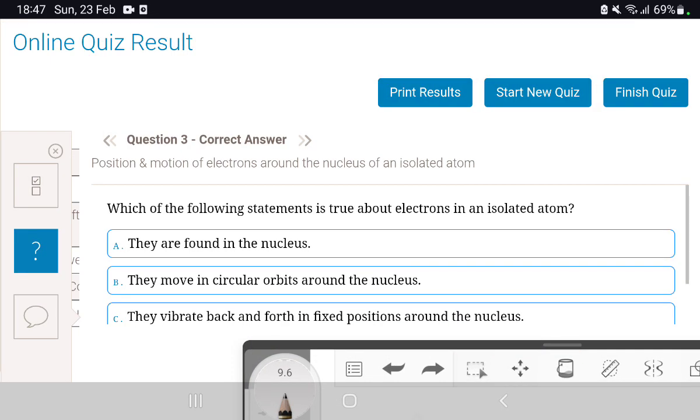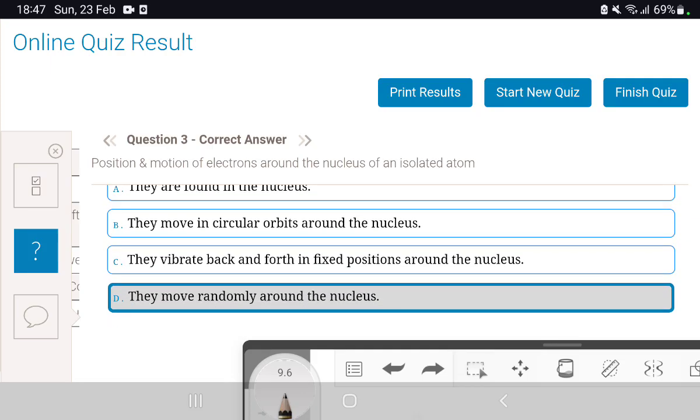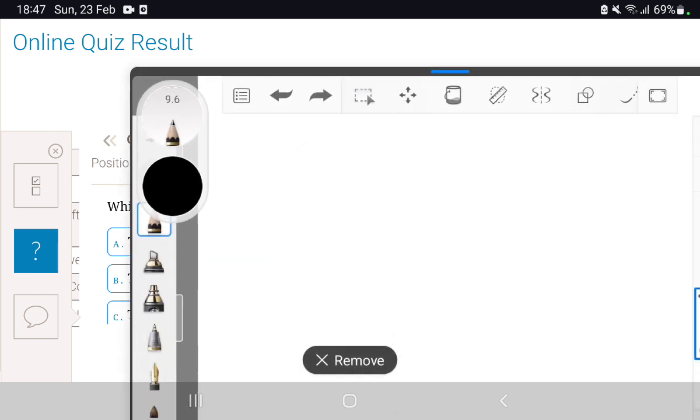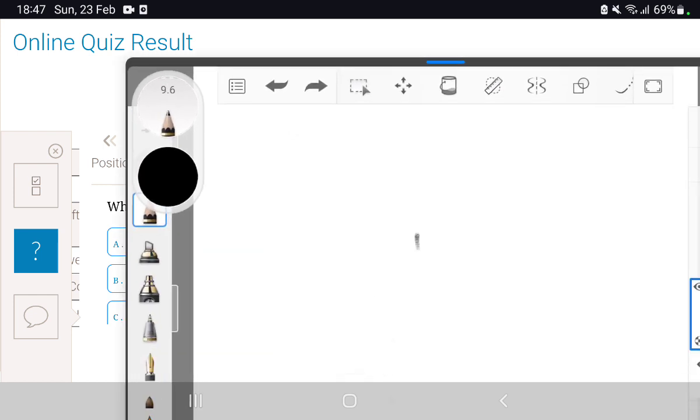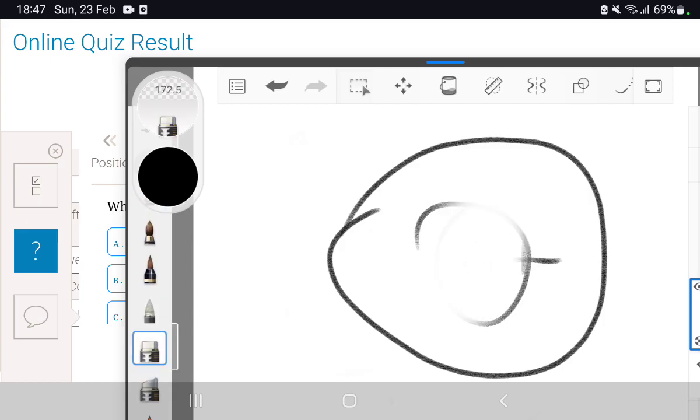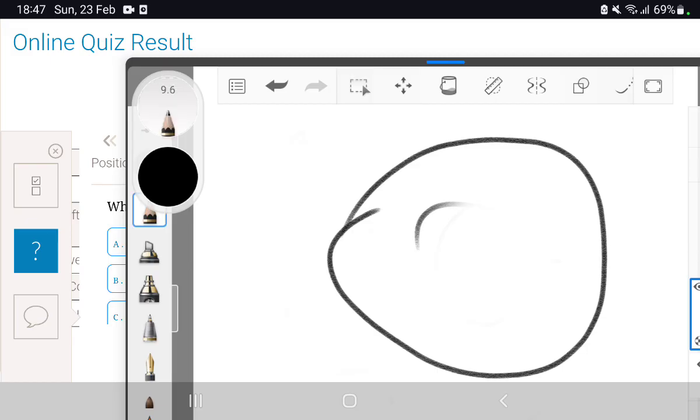Number 3. Which of the following statements is true about electrons in an isolated atom? Look, there is this drawing which someone made of a nucleus, which I'll call N. This is like the protons, and let's say that we have the element hydrogen.